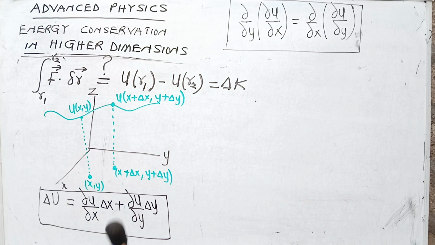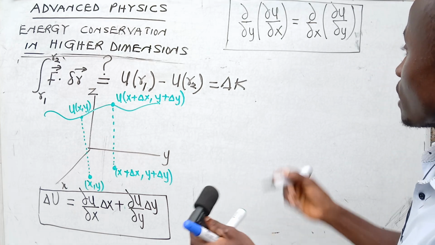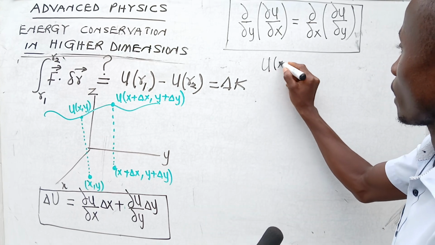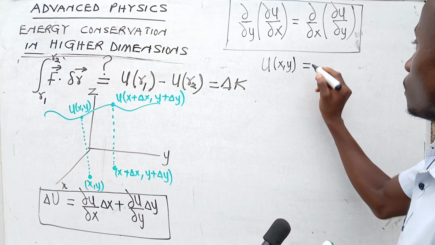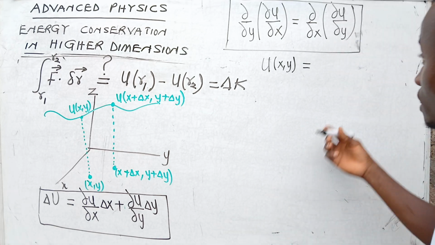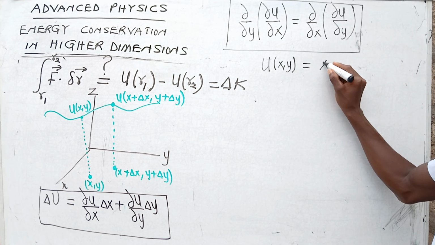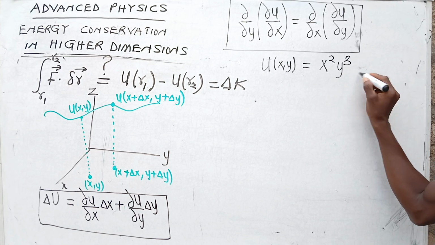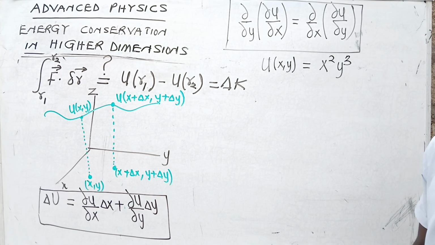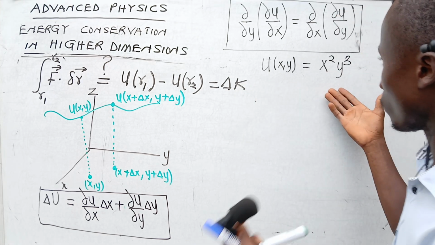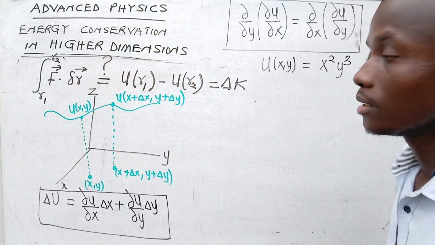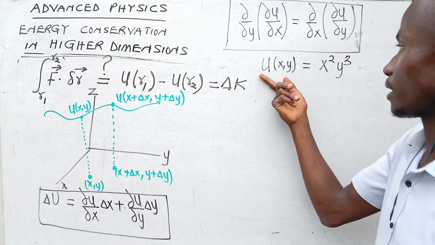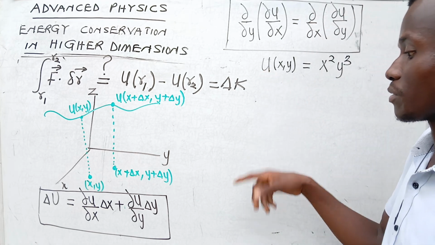So to give one example, let's say the height function, that is u of xy, is an explicit formula. Let's just say it depends on xy by this formula, say x squared y cubed. That is a height function. Let's see how we take partial derivatives. So what is the change in the height function with respect to, say, x?